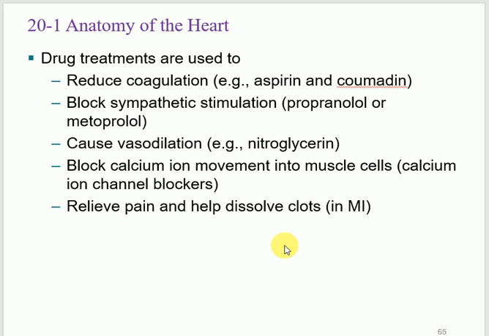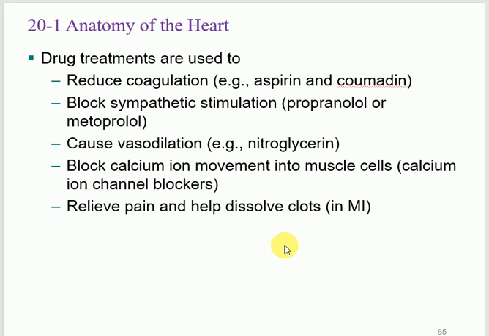Some of them will dissolve the blood clot if we catch it early. Some of them will relieve pain because they will have severe pain. Some of them are going to increase or decrease the contraction of the muscles.